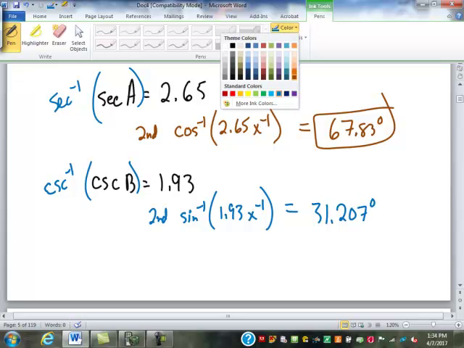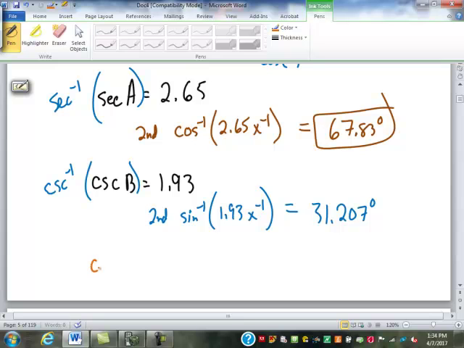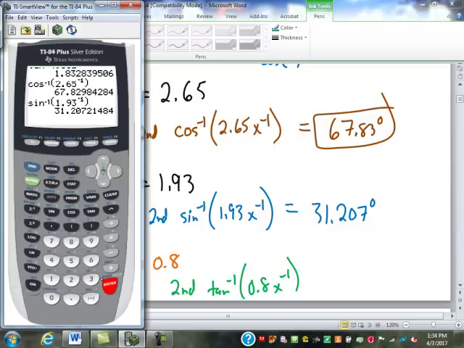How about cotangent of angle D is 0.8. We're doing an inverse cotangent, which is going to involve us to do what? Second inverse tangent, 0.8. The x negative 1 in there. Close, equals 51.34.